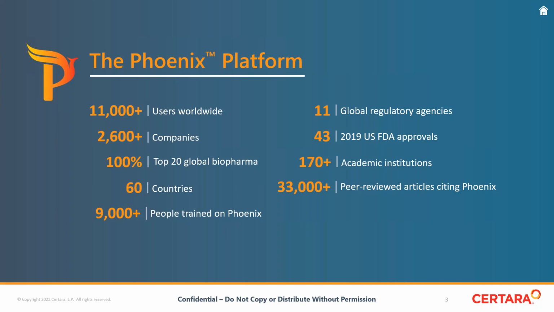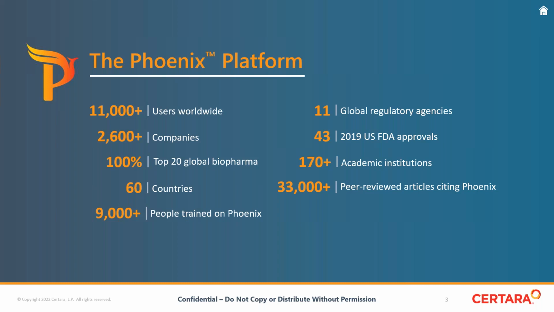If you're on this meeting, you probably know a little bit about Phoenix, but just as a recap, this is a very widely used platform, over 11,000 users, over 2,500 companies. It's being used formally by over 11 regulatory agencies, and many others use it in support of their processing of applications.